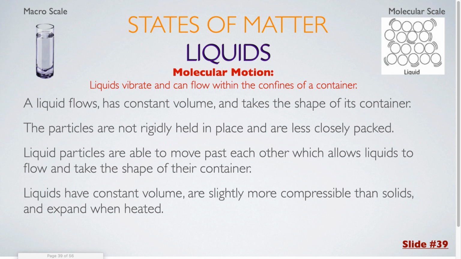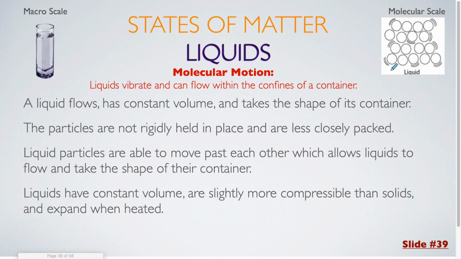Now, for the molecular motion of liquids, liquids vibrate and can flow within the confines of a container. If you zoom into the molecular scale, it looks somewhat similar, but there's a little more space in between each of these molecules, which means that these molecules have the ability to flow past one another, which gives liquids their ability to flow on the macro scale as well.